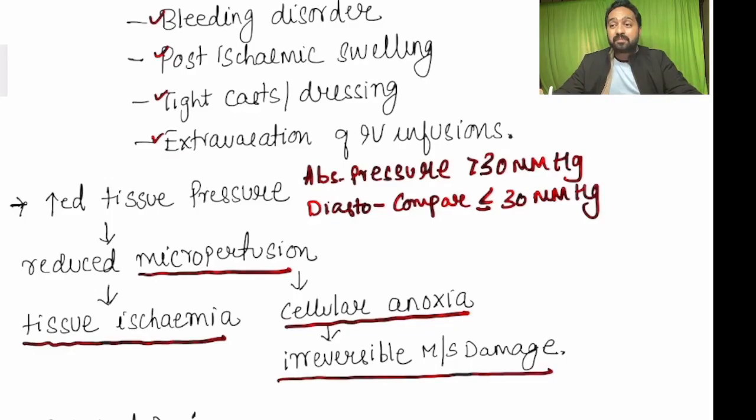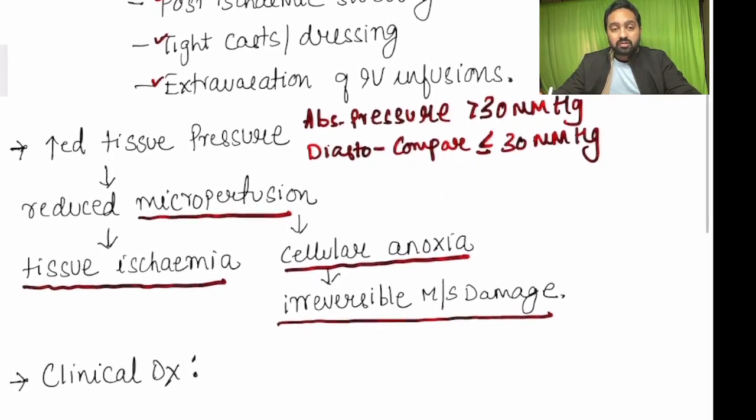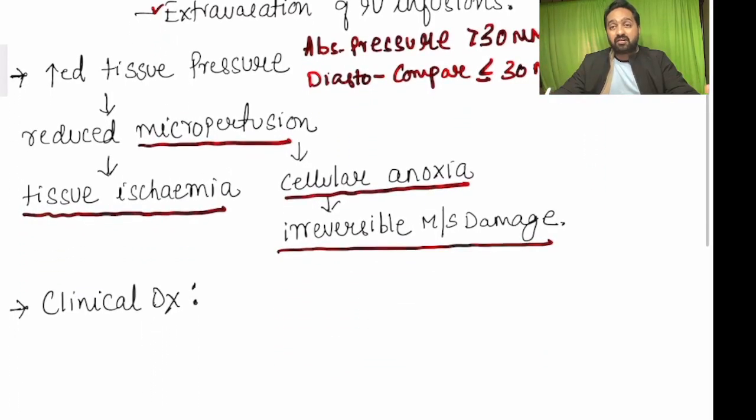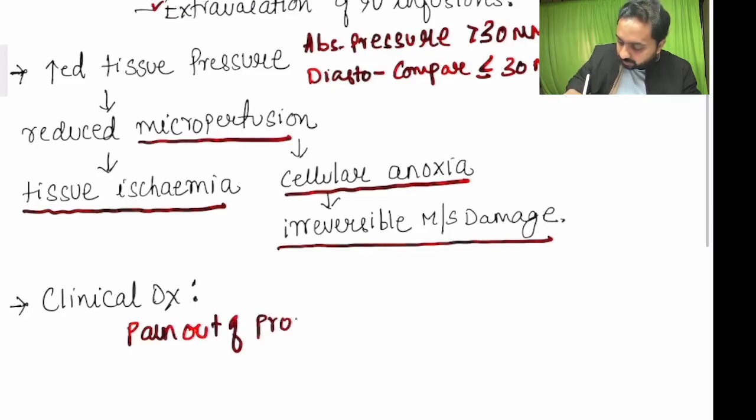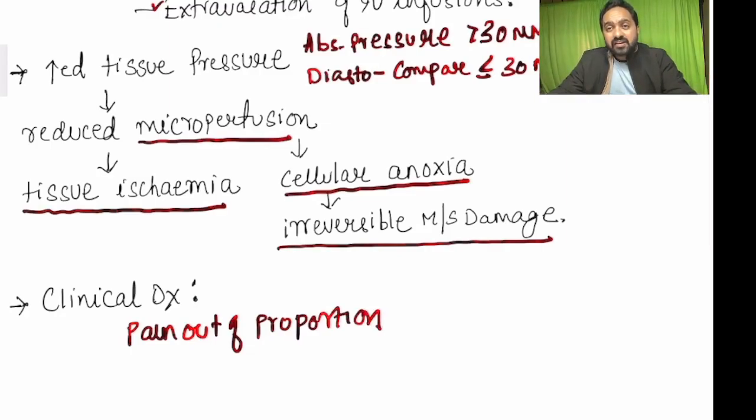So, how would such patients present to you? The most common symptom presenting to you would be pain out of proportion. If you have attended your clinical wards, or if you will be attending them, you might come across scenarios where a patient has undergone a closed reduction of a fracture and you are an evening resident or a trainee on ground, where you go and assess the patient and you find that the pain is out of proportion.